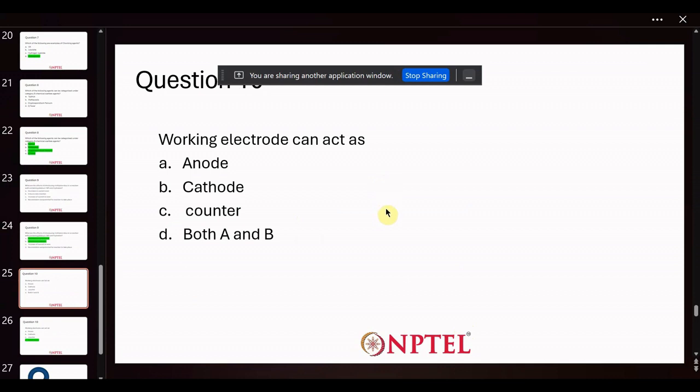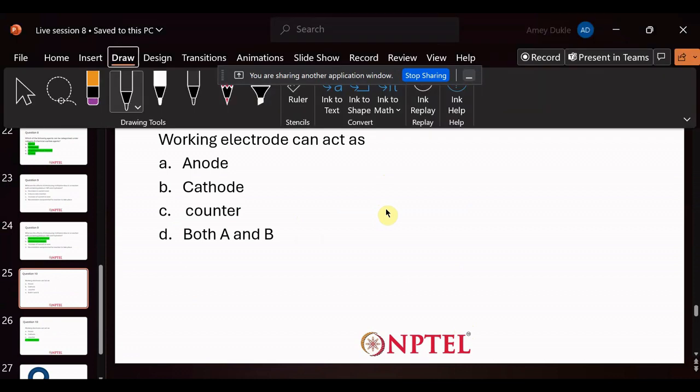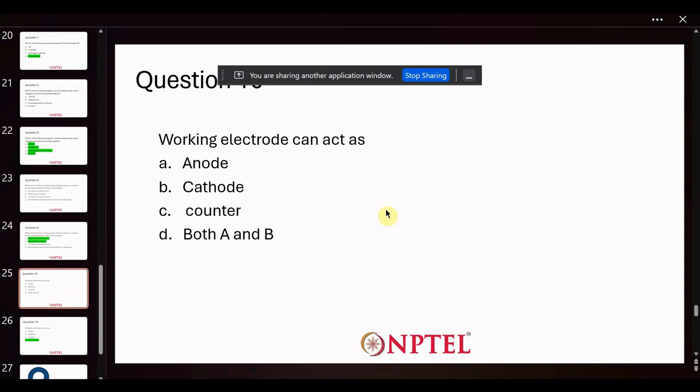And then the last question. Working electrode can act as anode, cathode, counter, A and B. So basically, at the working electrode, you can have either oxidation or reduction. What matters in the sensor is that what you measure is the potential difference. Electron transfer will happen.